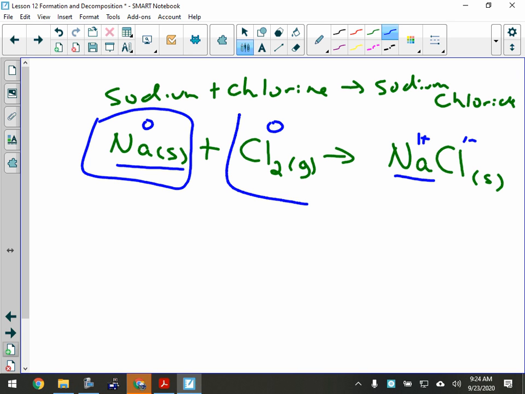Sodium's by itself, it's neutral. Chlorine, now I've got a container of chlorine here, and it's by itself. How is it going to gain electrons? From where? It's by itself. It can't gain electrons. It's not until you react the two together, that's what we're doing here, that this loses electrons to that.